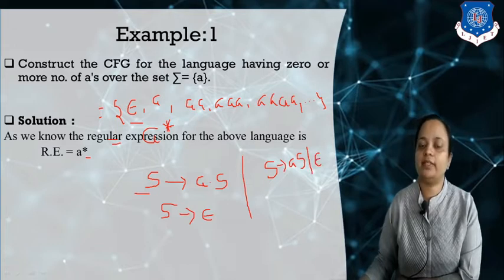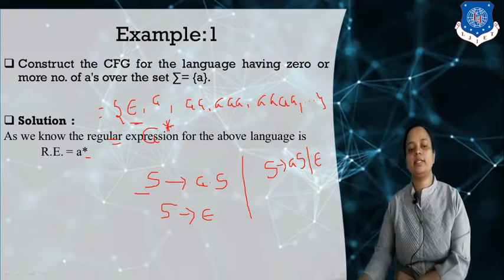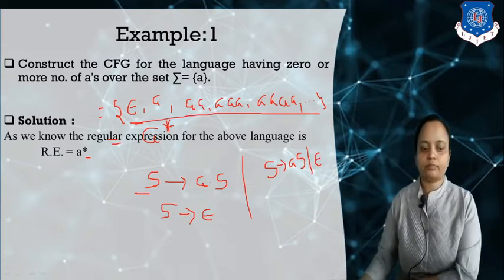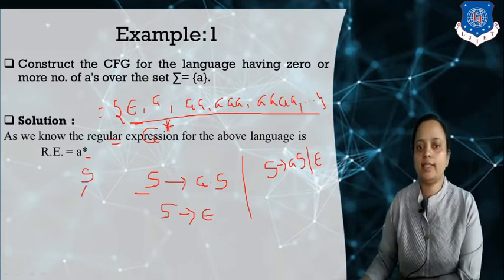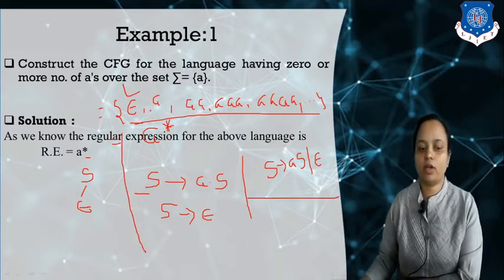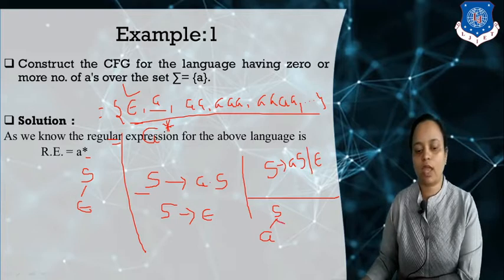Let me check whether this grammar generates this set of strings or not. Here you can see S is replaced by null first, so the null string, the empty string, is generated. Now I want to generate a single A. S is replaced by A S, and then S is replaced by null.